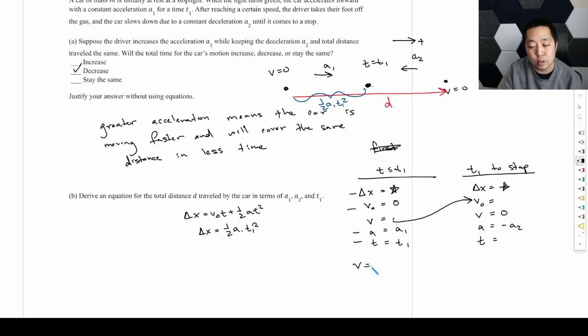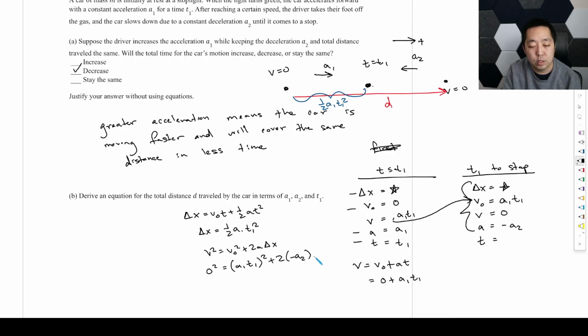Again, we need three known values to find the one unknown. Here we're going to use v equals v0 plus at. You can use any equation to find v, but this is probably the easiest one because you have all the information. This is a1 t1. Then I don't need to know the time, so I need an equation that relates these four variables: v squared equals v naught squared plus 2a delta x. The final velocity is 0. This is (a1 t1) squared plus 2 times negative a2 delta x.